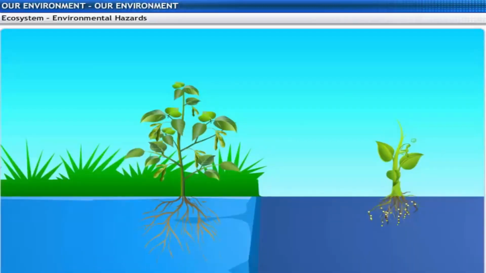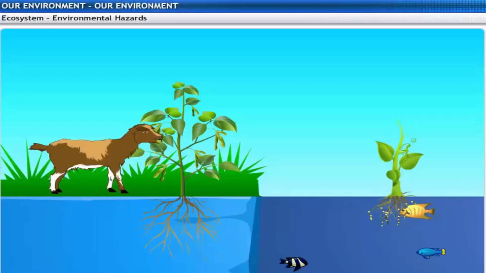These chemicals are either washed down into the soil or into water bodies. These are absorbed from the soil by the plants along with water and minerals, and these are taken up by aquatic plants and animals from water bodies. This is one of the ways in which they enter the food chain.